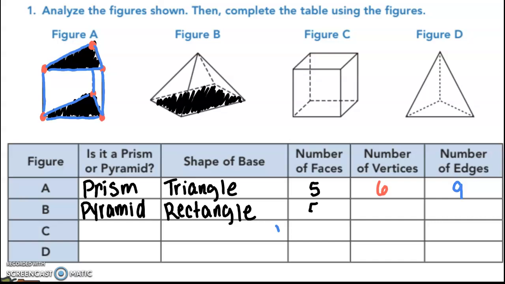So that gives me a total of 5 faces. The number of vertices, I have 1 up here at the top, and then 2, 3, 4, and 5. And then for the number of edges, there's 1, 2, 3, 4, 5, 6, 7, 8 total edges.